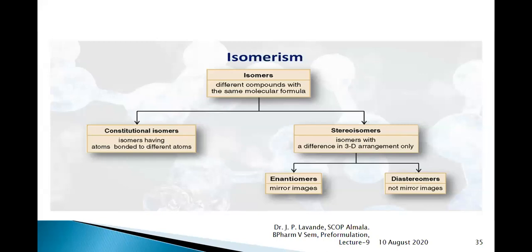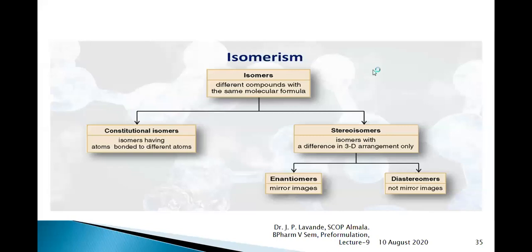So the palms of both hands are facing toward your face. In this case, you will see that on both sides you have the thumb, right? So although these are similar, the mirror images are not superimposable with each other.